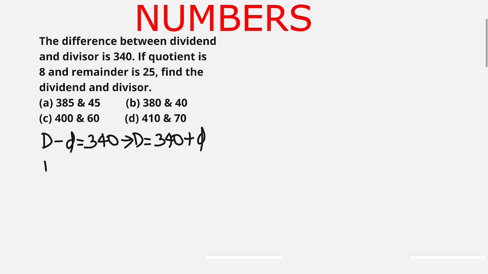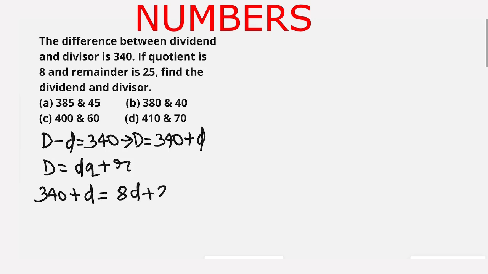The other equation will be dividend equal to divisor multiplied by quotient plus remainder, and we put all the values. Dividend is 340 plus divisor, equal to divisor multiplied by quotient 8, so we write 8 times D is 8D, plus remainder 25.